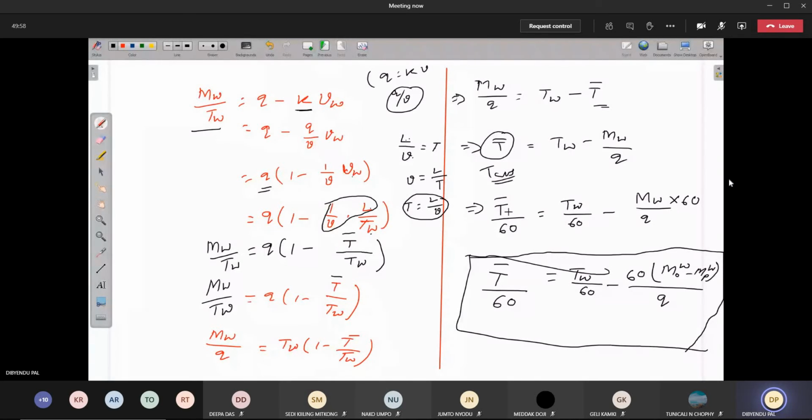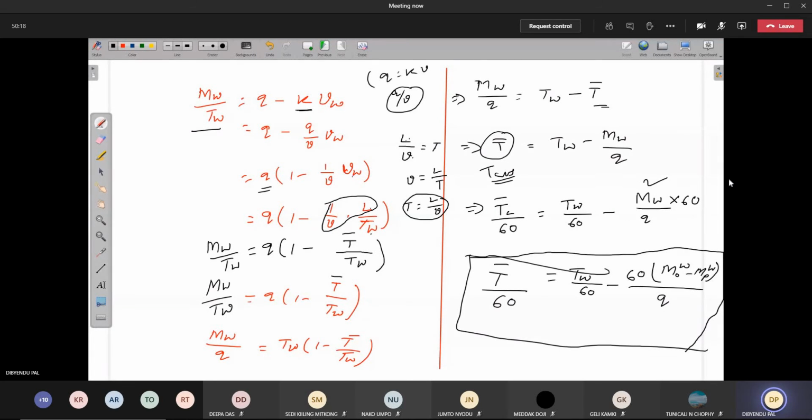T bar or T average divided by 60 equal to TW by 60 minus MW by Q, whole thing divided by 60. Once you do that, it will be MW into 60 divided by Q, or T bar divided by 60 equal to TW by 60 minus MW by 60Q. What is MW?